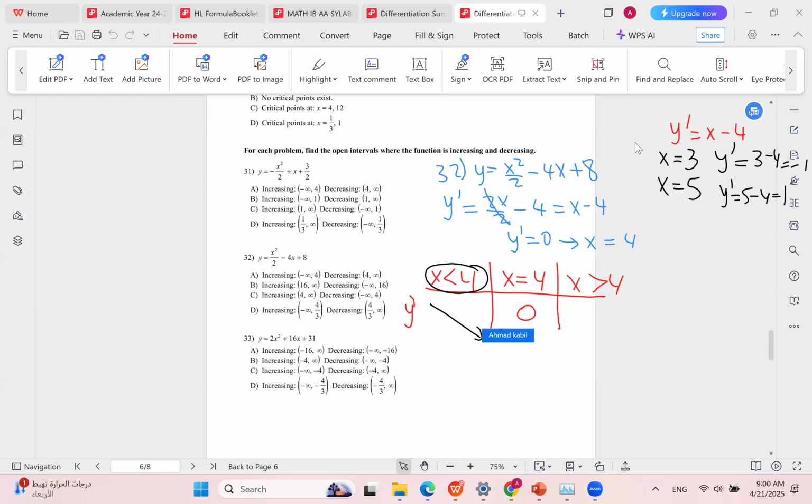So the function is decreasing. For 5, which is any value greater than 4, any number would work, we would get a positive slope, which means that the function is increasing. So therefore, it is decreasing from negative infinity to 4 and increasing from 4 to infinity. So this is the correct choice.